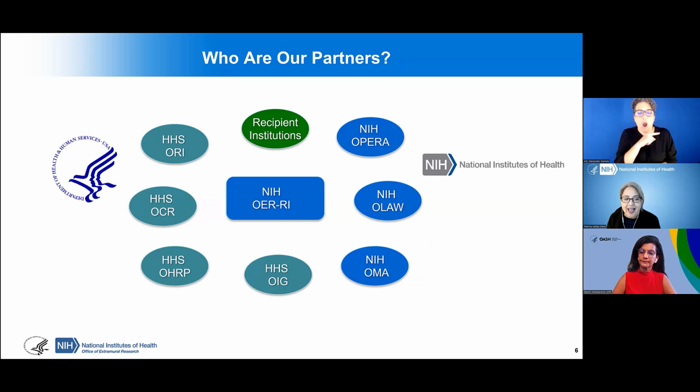We also have our HHS partners. That includes the Office of Research Integrity, who's with us today, Ranjini, the Office of Civil Rights in HHS, OHRP for Human Research Protections, and OIG, the Office of the Inspector General. In addition, we also, of course, work with recipient institutions. We consider this a partnership, so we're both in this together.